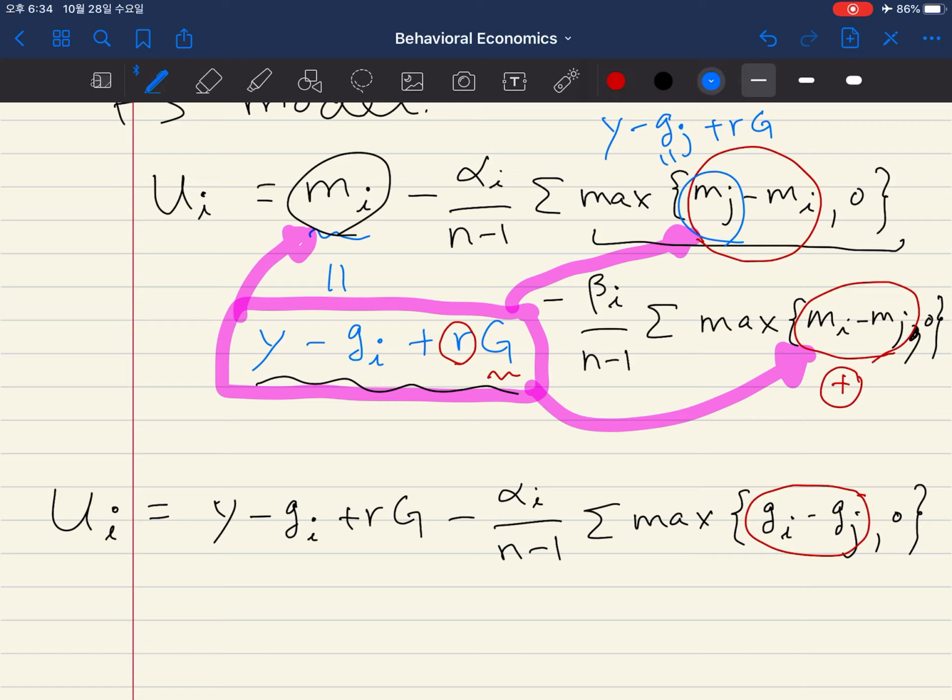And make sure subscript is changed from j minus i to i minus j.